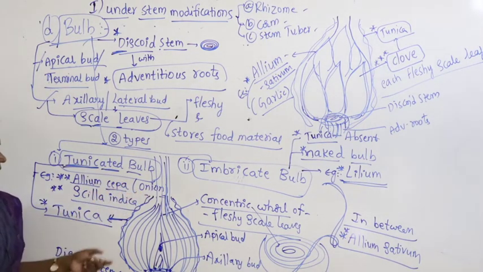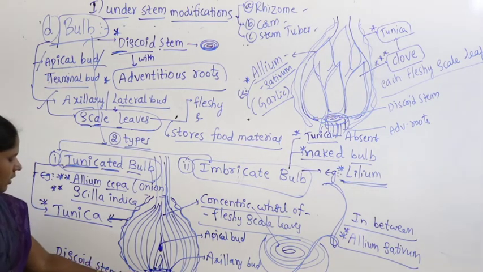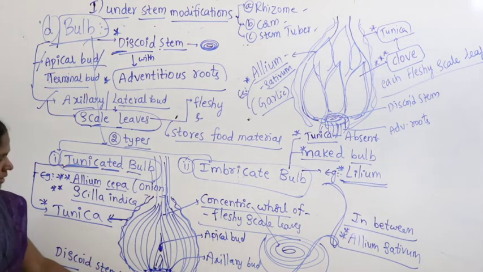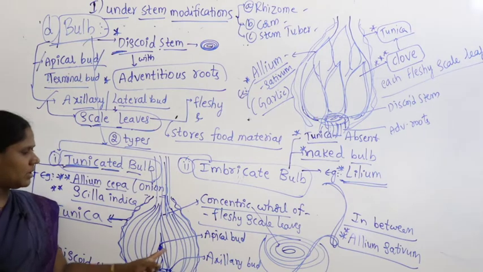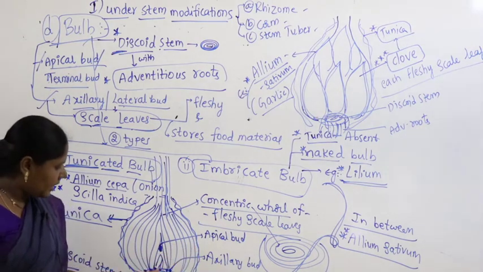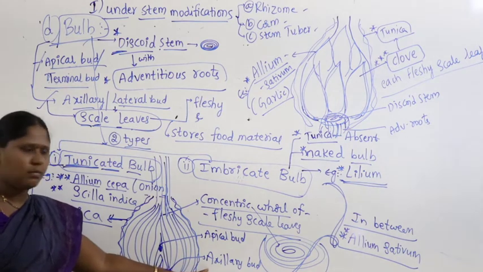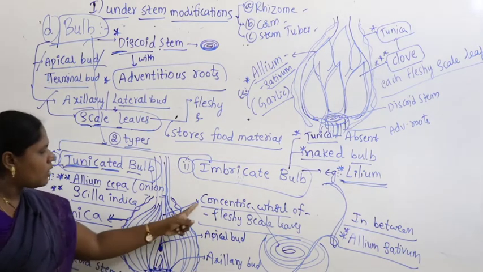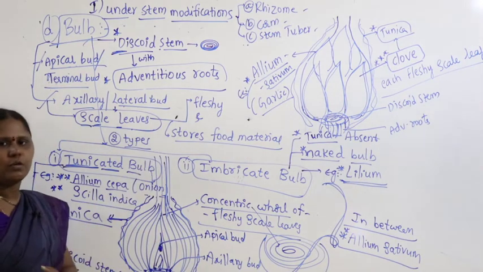Now, if you take an onion, as I told you, it contains a discoid stem here and adventitious roots here, and if you cut vertically, you can see a light pale yellow or pink or green colored one called the apical bud, and down from where scale leaves are produced, they are called axillary or lateral buds, and you can see a concentric whorl of fleshy scale leaves which stores food materials.